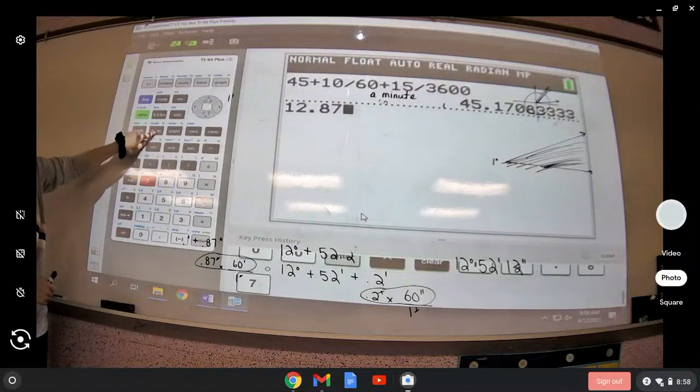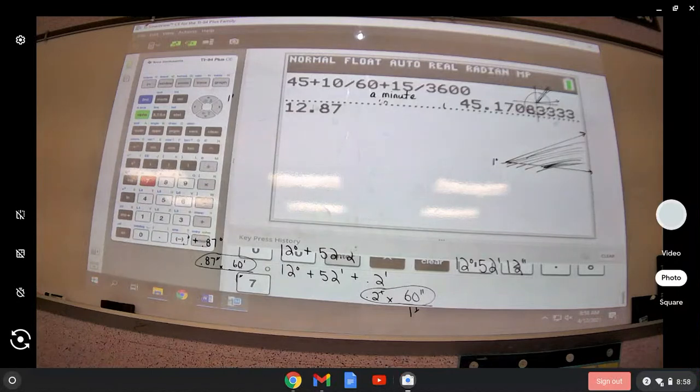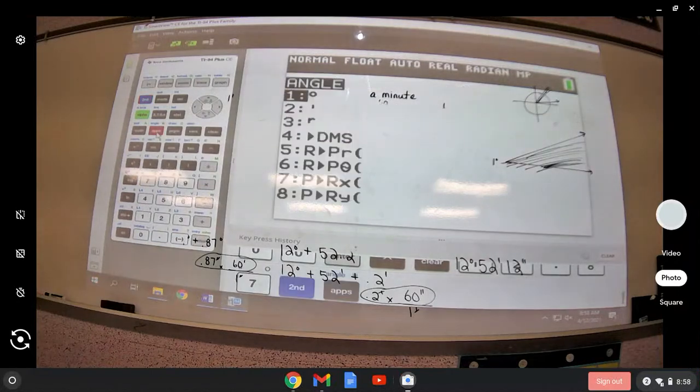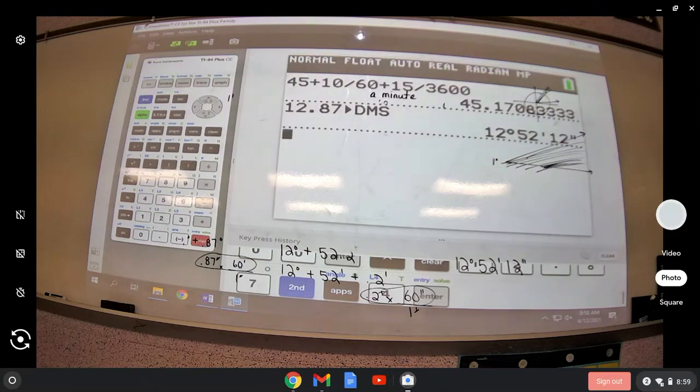You have to hit second and apps to get to angle. Second and apps. See this DMS? It's going to take 12.87 and convert it to degrees, minutes, and seconds. So either scroll down or hit 4. And I wanted to take 12.87 degrees and convert it to degrees, minutes, and seconds. And it's 12 degrees, 52 minutes, and 12 seconds.